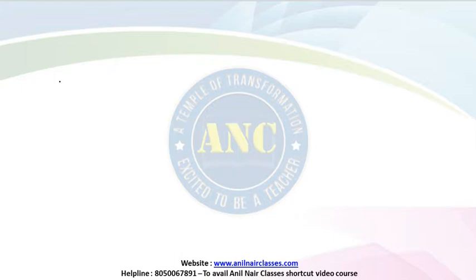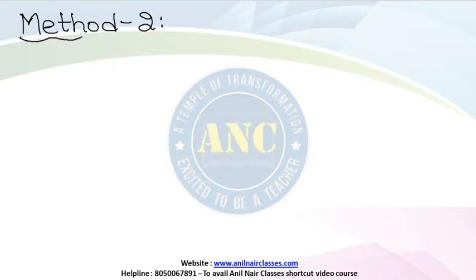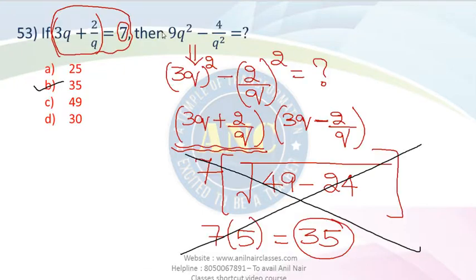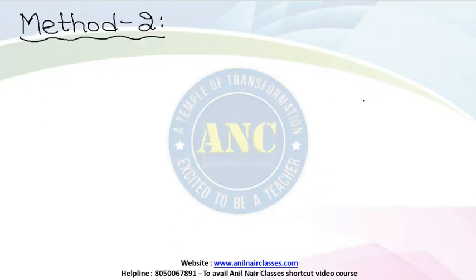Now see here, sir. Whatever I solved is method 1. Method 2 is also quite similar to method 1 itself. But if you are a logical thinker, you can get the answer little fast. Now, what is it that we need to find? 3q whole square minus 2 by q whole square. That we understood as x square minus y square, x minus y into x plus y.